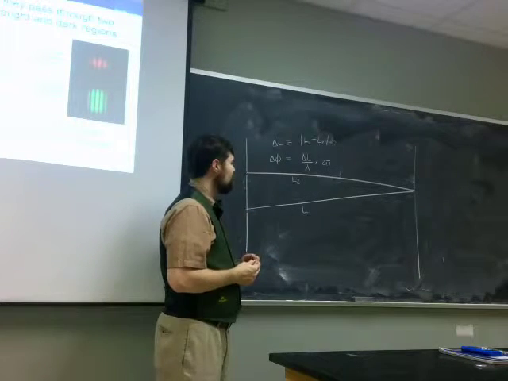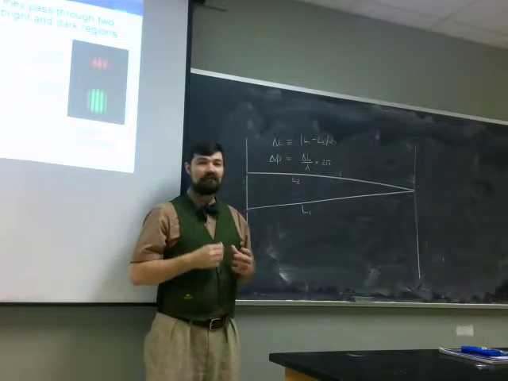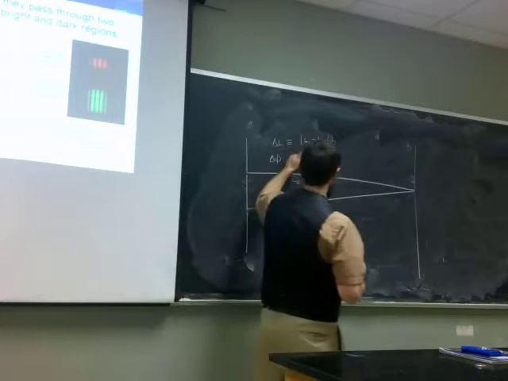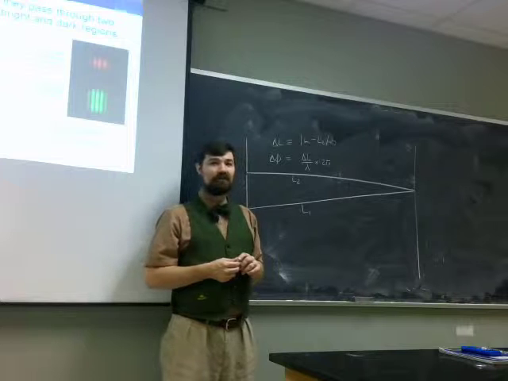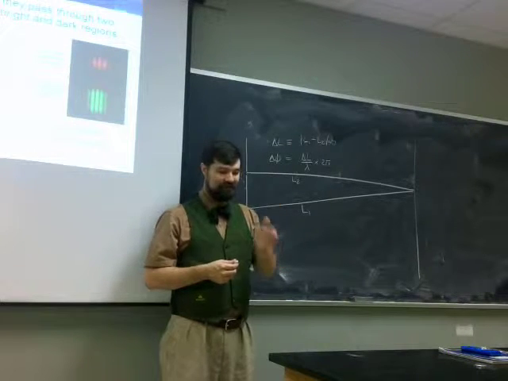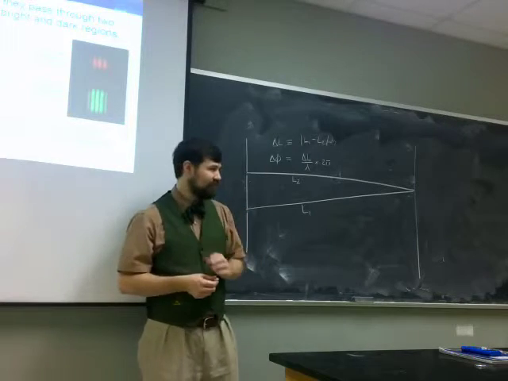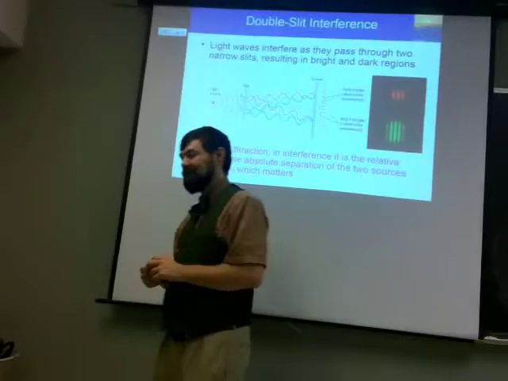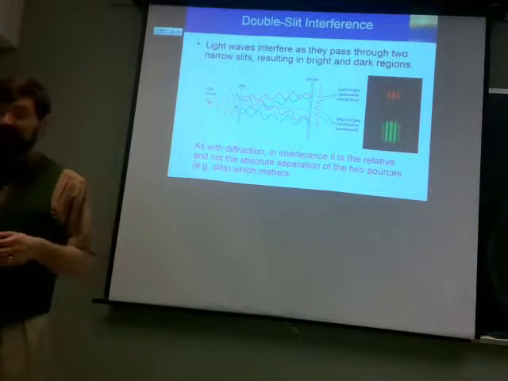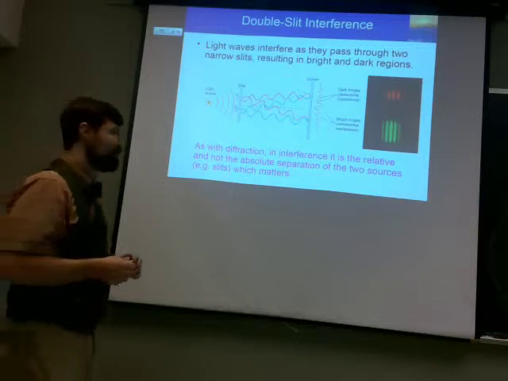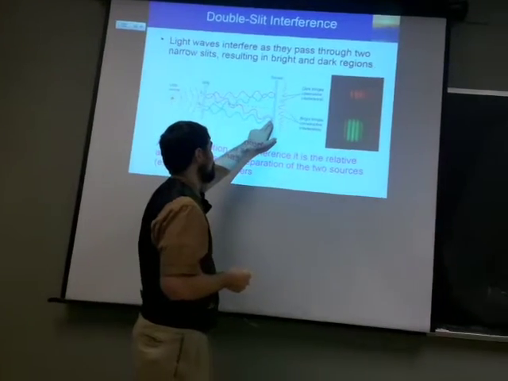All right, so delta L over lambda is the thing that we care most about, though. If delta L over lambda is equal to an integer number, 0, 1, 2, 3, anything like that, then you will get a bright fringe. It means the two waves will arrive in phase, like this.